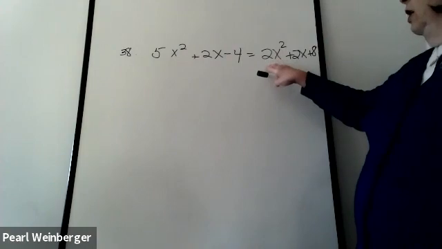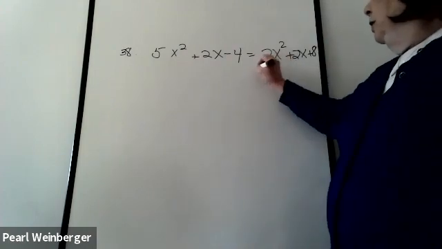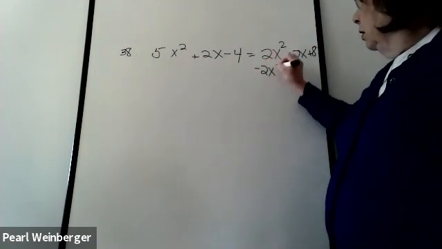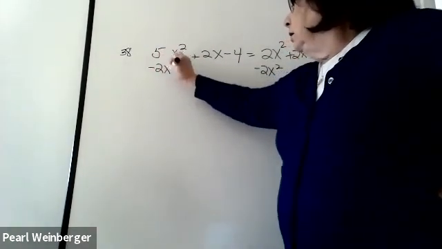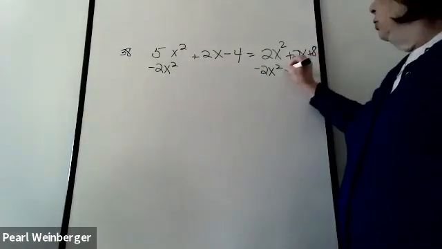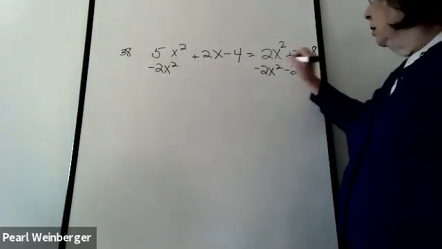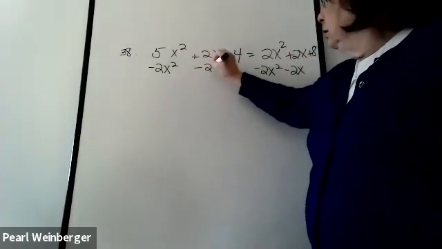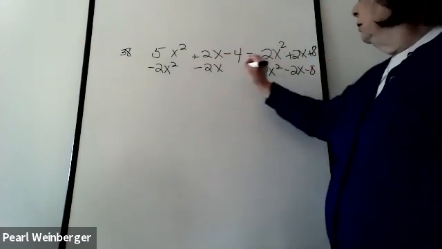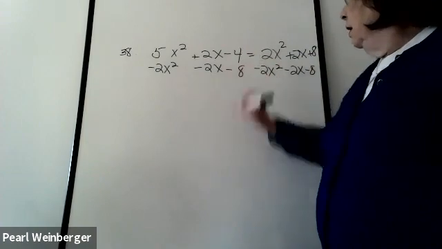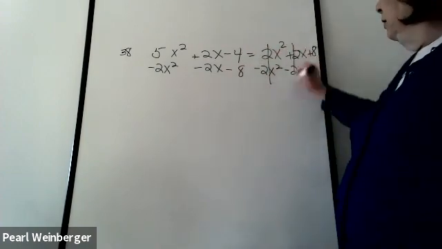So first of all, I'm going to subtract 2x squared from both sides. I want to get everything equal to 0. I'm going to subtract 2x from both sides. And I'm going to subtract 8 from both sides. Let's see what happens. That'll give us 0 over here.